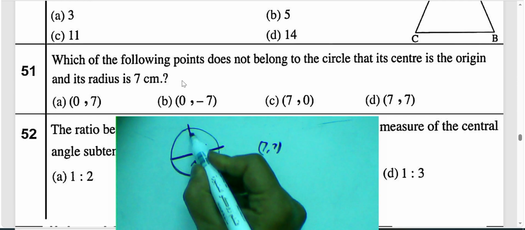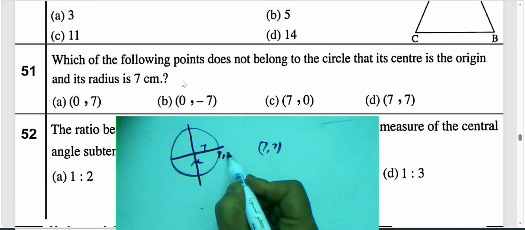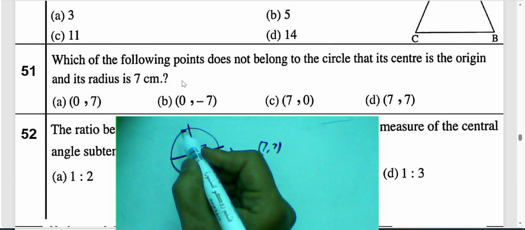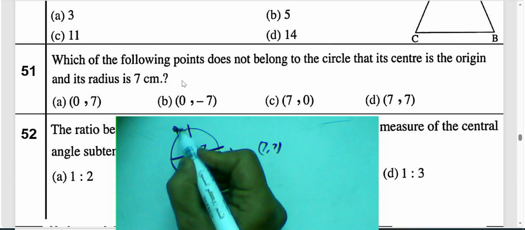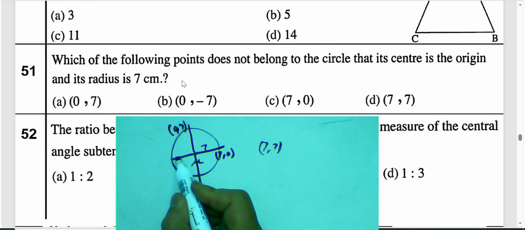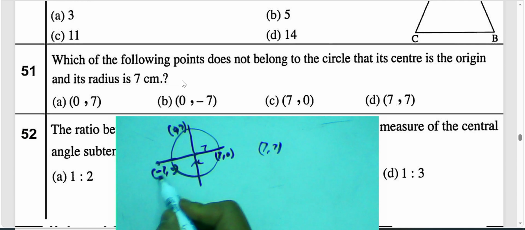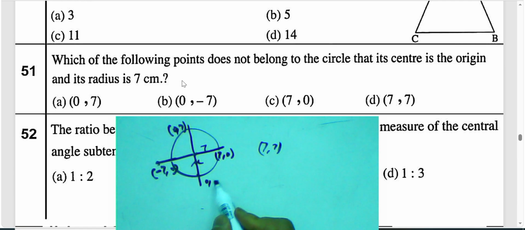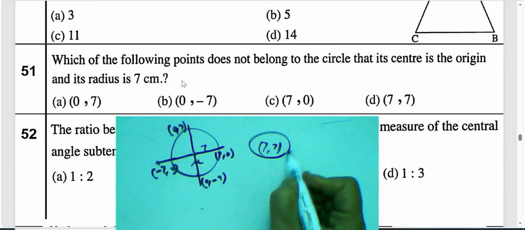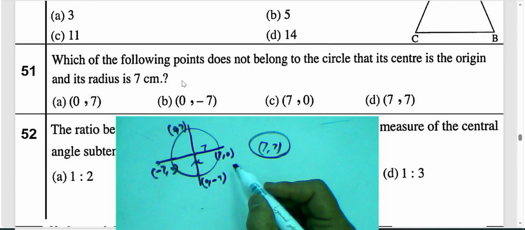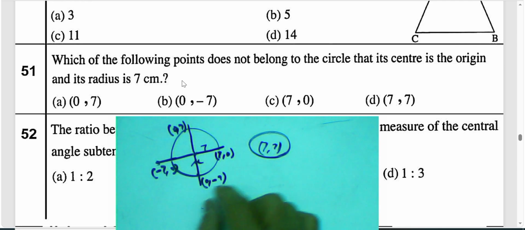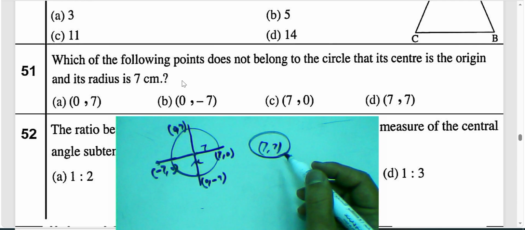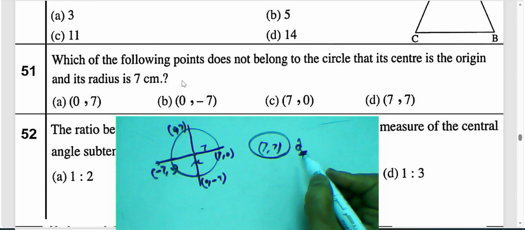If we draw the origin point like this, the first point will be (7, 0), and here (0, 7), and we have here (-7, 0), and this point will be (0, -7). So you must choose (7, 7), not on the curve of the circle. Then the answer here is letter D.